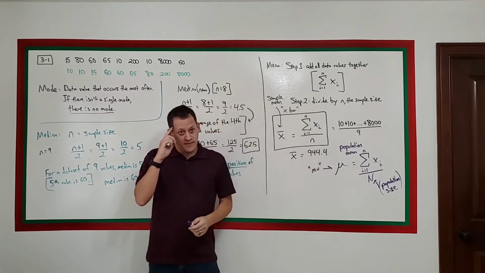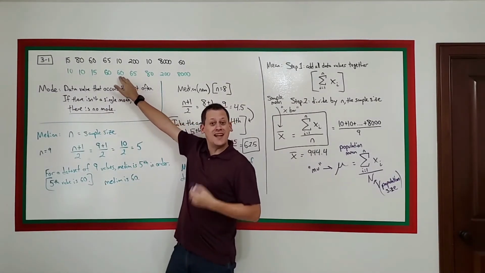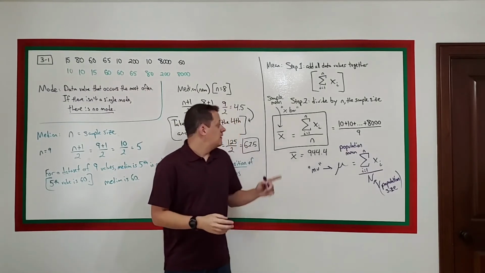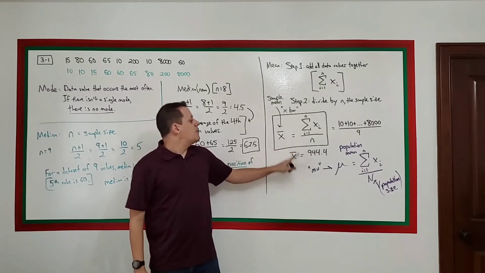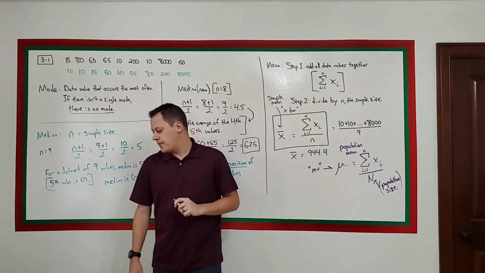So that is something you have to keep in mind. If you're calculating these things for a data set, does this represent a sample or a population? And for your project, you're always going to be using the sample calculations. Okay, but I do want you to know that there are calculations for the population as well.